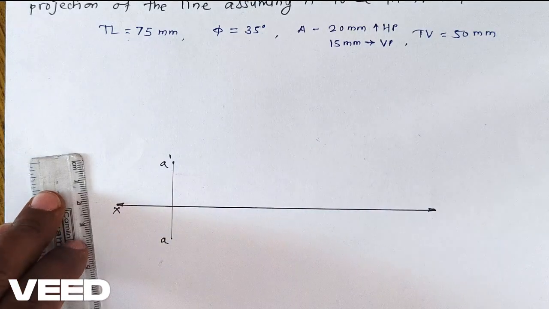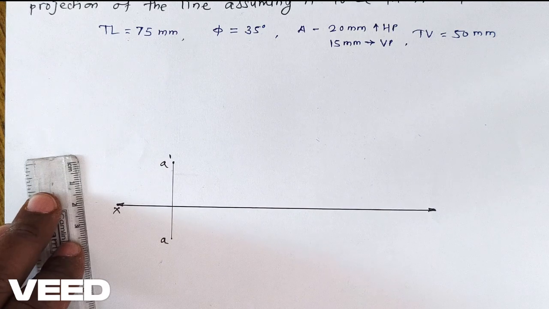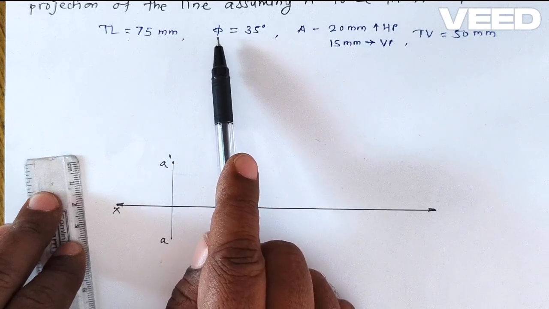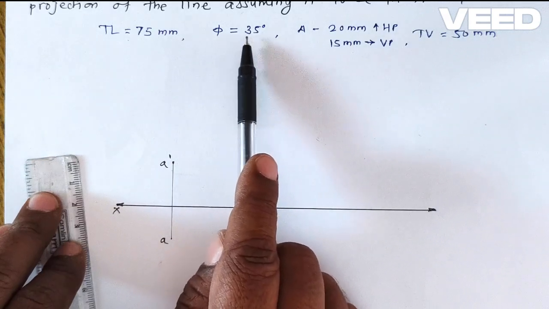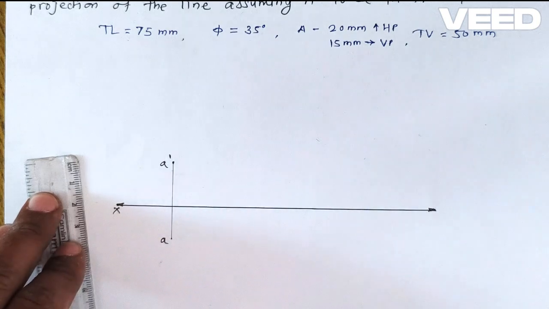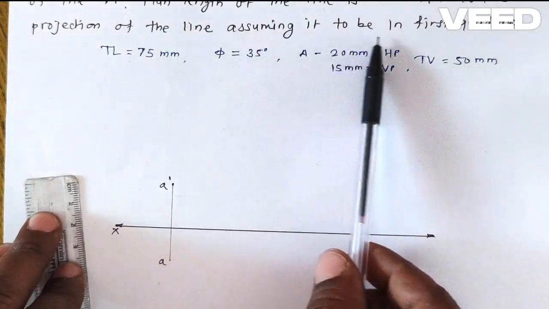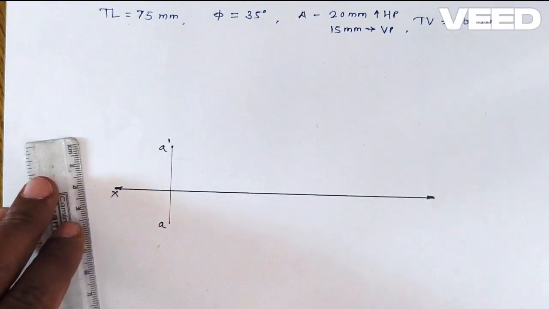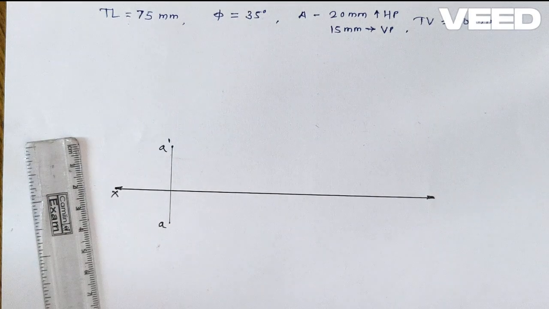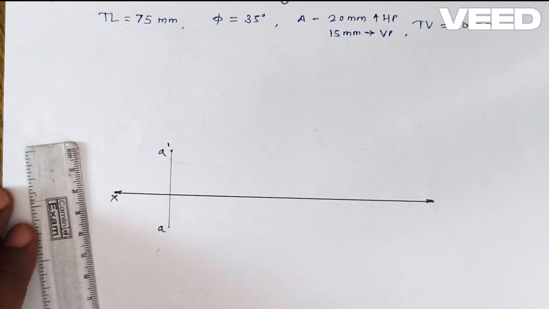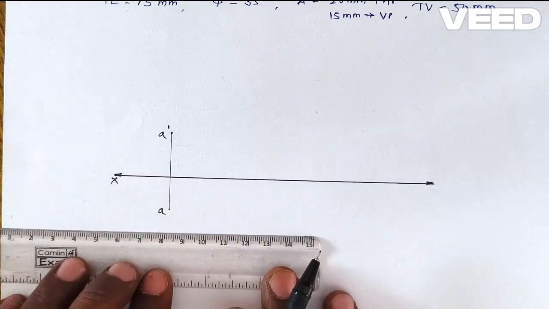And this is the top view that I denote as point A. After locating point A, another parameter that we have is the inclination of the line with the VP, which is 35 degrees. It is given that the line is in the first quadrant. First quadrant means the front view of the line is above the XY line and the top view of the line is below the XY line. So we plot the inclination of the line, 35 degrees with the VP, in the top view.